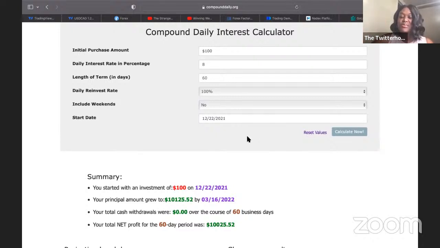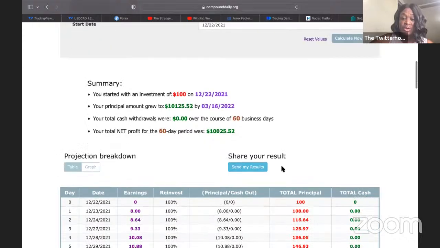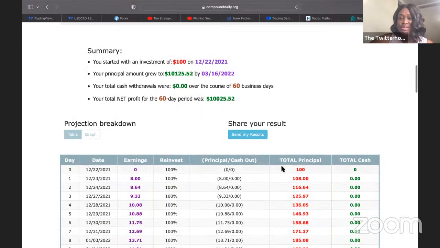But even if we're not perfect, if we hit half of that and do $5,000 in 2 months, that's pretty good, right? It's pretty decent. So how does that happen though?